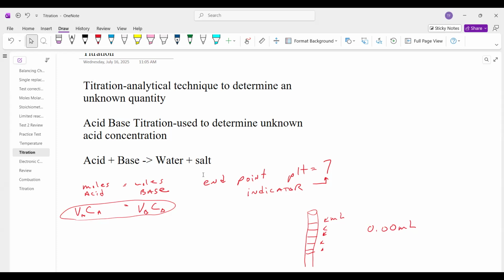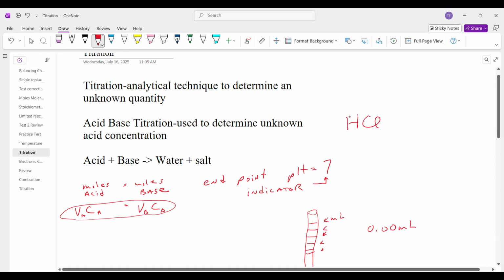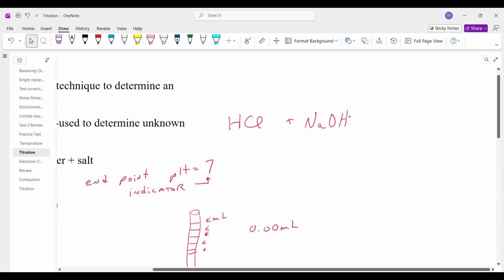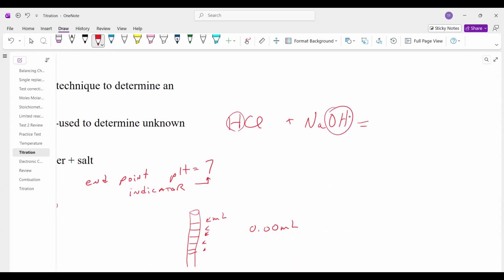When they neutralize each other, we form water and the leftover pieces from the acid and base, which is called a salt. For example, if we took hydrochloric acid, a strong acid, plus sodium hydroxide, a strong base, these are going to neutralize one another, with the H and the OH forming water.